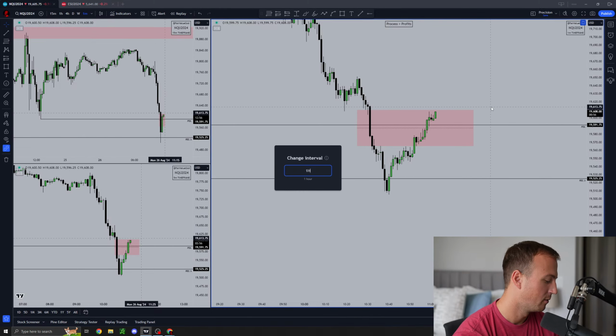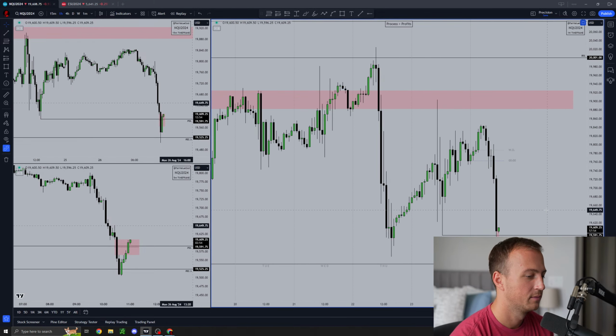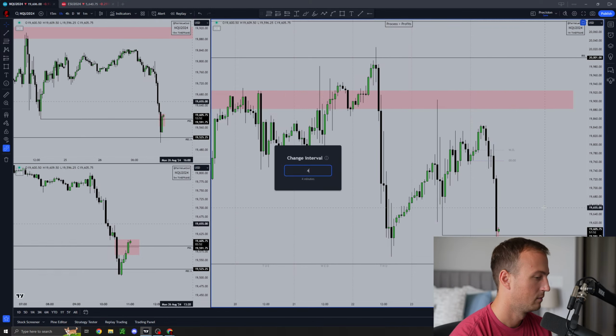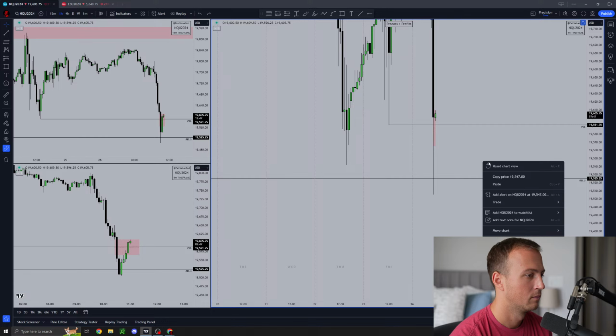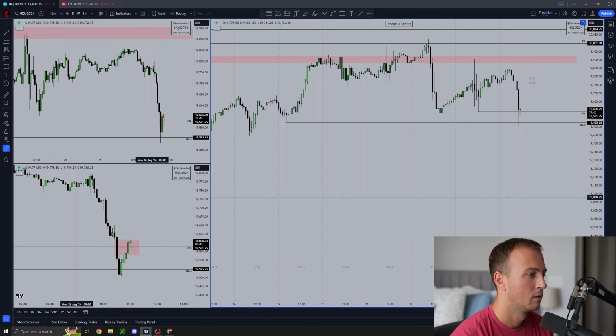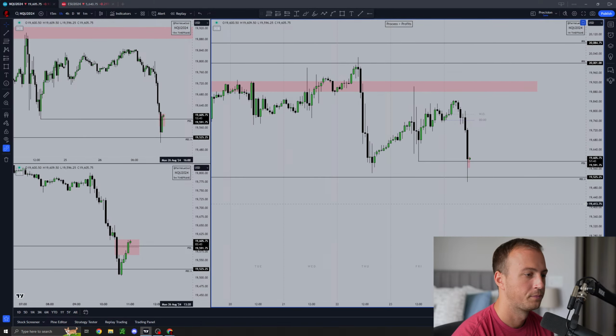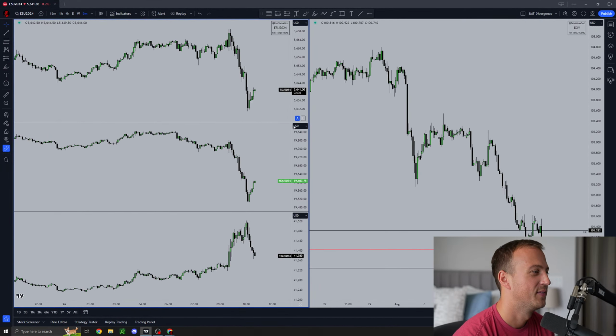Keep the 1 hour. Here's the 1 hour, 11 o'clock. It's just funny to me. ES, NQ up, YM starts going down.